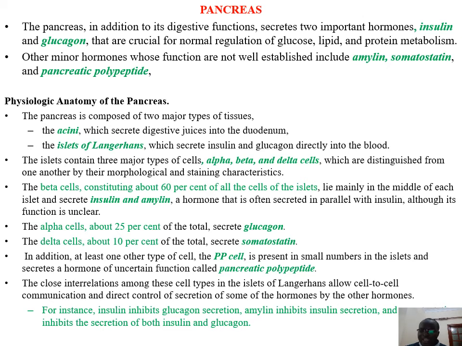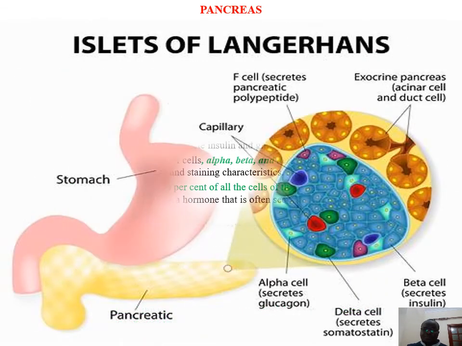The amylin that is secreted in parallel with insulin is going to inhibit insulin secretion. The somatostatin is going to inhibit the secretion of both insulin and glucagon. If you're not paying attention to this statement, I can bring a lot of MCQs just from it. So you need to understand that there is interaction of hormones that can inhibit the release of other hormones. That's why the pancreas is releasing quite a number of hormones, not just glucagon and insulin.